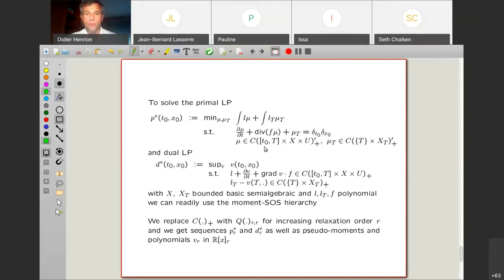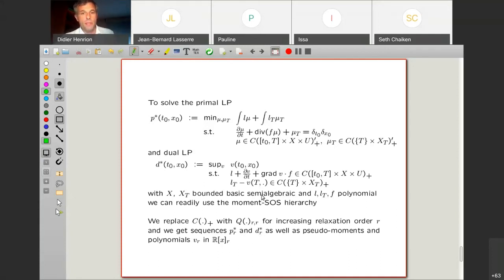And in the dual, we replace these with explicit moment and localizing matrices, these linear matrix inequalities on the pseudo moments of the occupation measures. Doing so, we get sequences of primal values, P star R, and sequences of dual values, D star R, that are actually equal to each other. There is no duality gap in the relaxation.